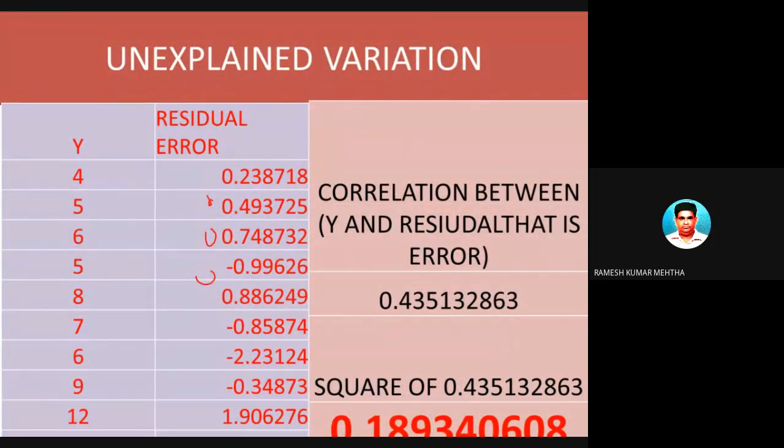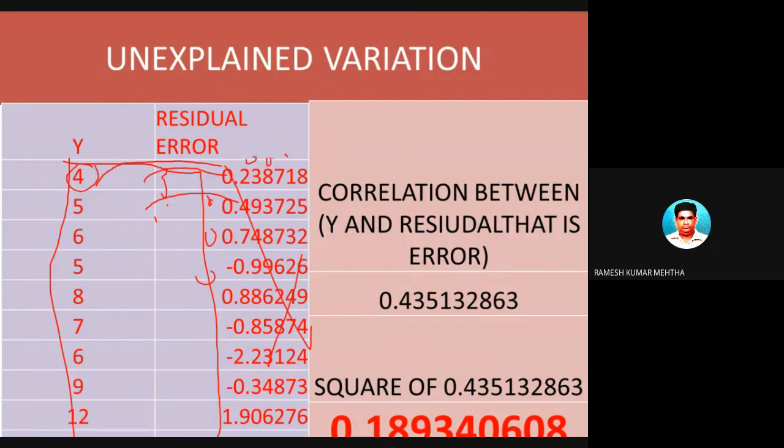For example, if the figure is 3.5 or something like that, it's almost near, which means the unexplained variance is very high. It should be uncomparable, away from the actual y, almost like 0 or 0.1.